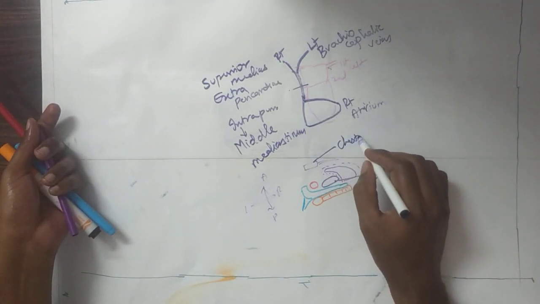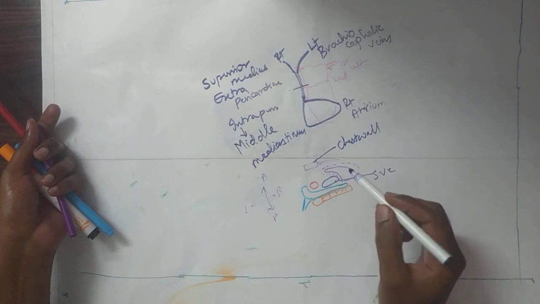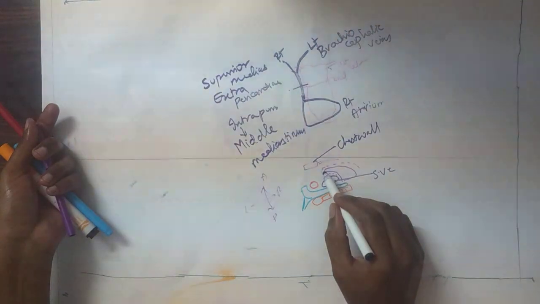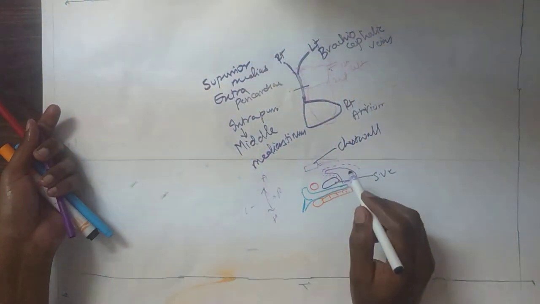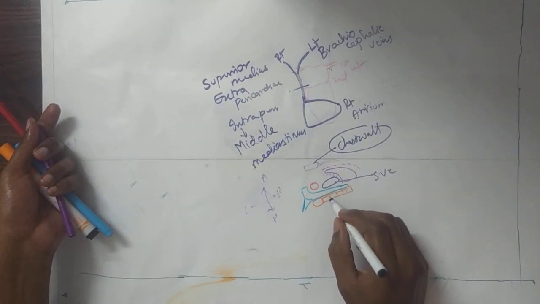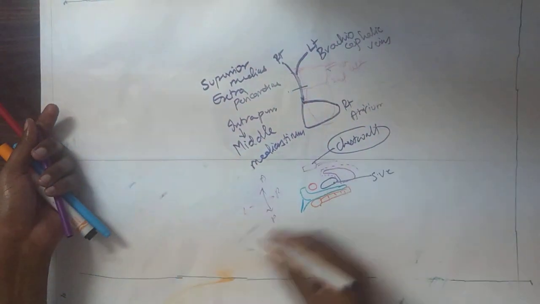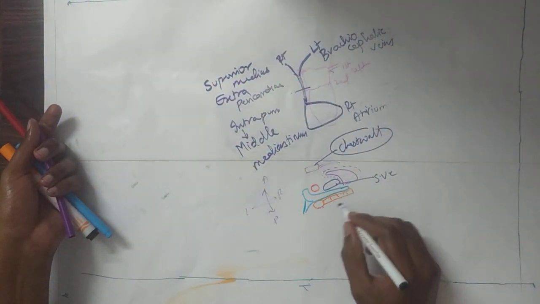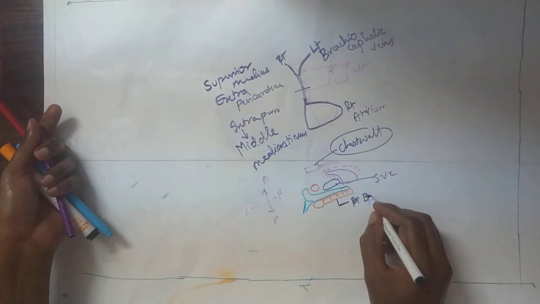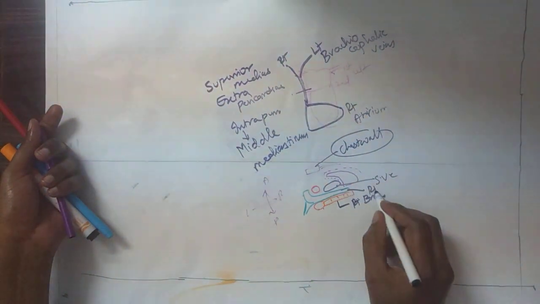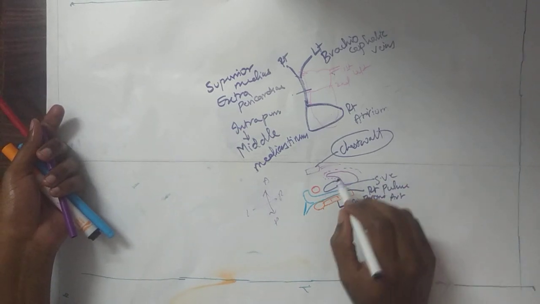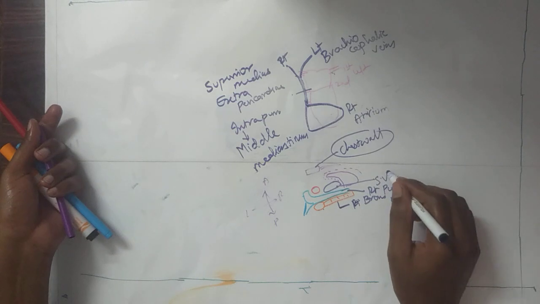Anteriorly chest wall and anterior margin of the right pleura and the right lung. So those are the anterior relations. Then posterior to that we have the trachea, which is posteriorly trachea and right bronchus and right pulmonary artery.